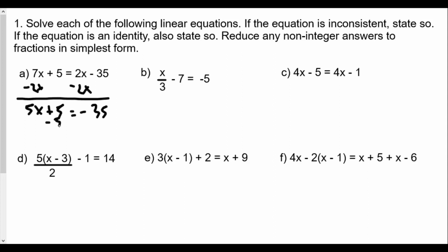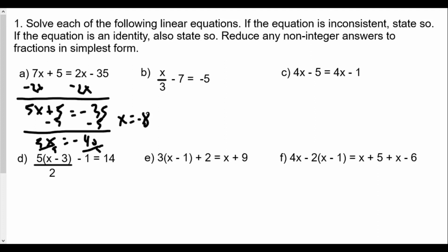We're going to subtract 5 on both sides. So 5x is equal to negative 40. Divide both sides by 5, x equals negative 8. This is an example of doing what's called opposite operations. Here we are trying to get x by itself.